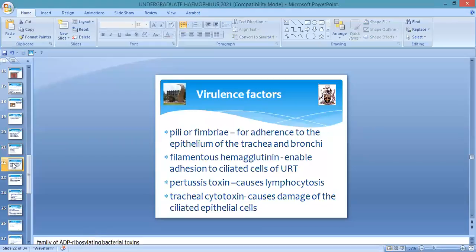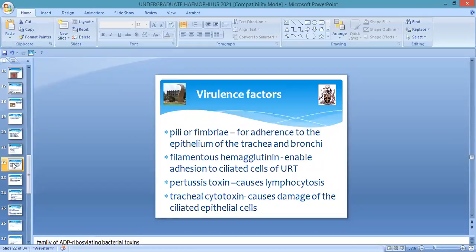In terms of virulence factors of Bordetella, we have three main ones. We have presence of pili or fimbriae, which are known to adhere to the epithelial cells of the trachea and the bronchi. And then they also produce filamentous hemagglutinin, which also enables adhesion to the ciliated cells of the respiratory tract.